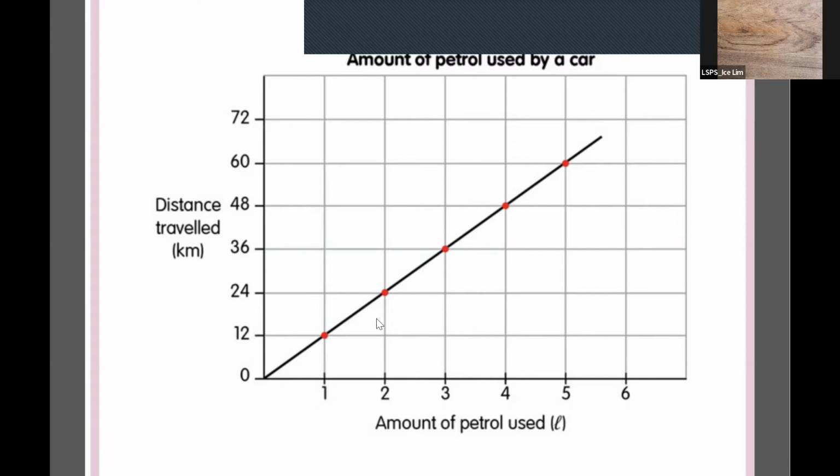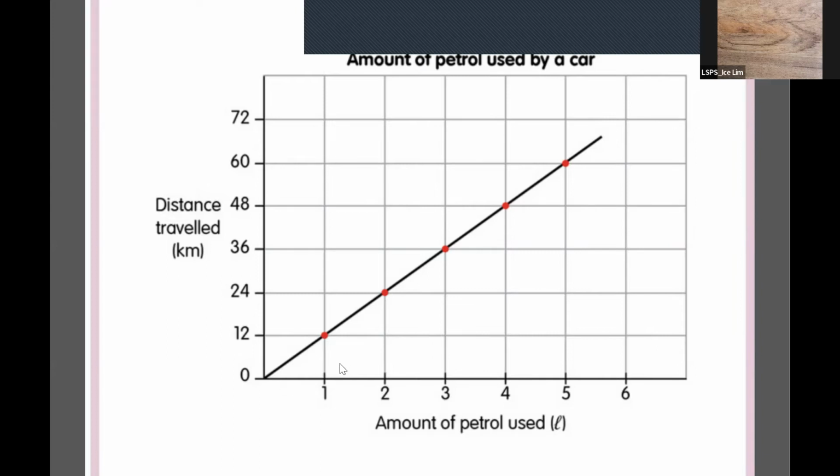Now, based on this graph, if I ask, at 1 liter, how much distance was traveled? Sure. At the second liter used, 24 kilometers was traveled. Now, after every liter used, this is always 12 km.